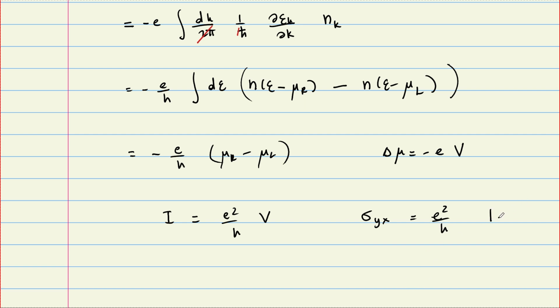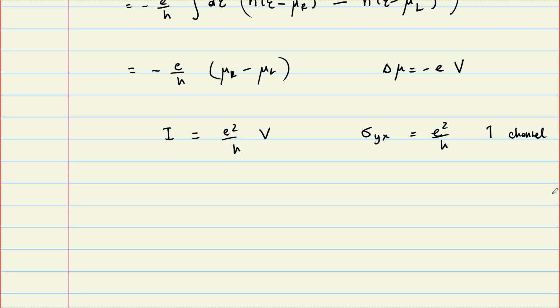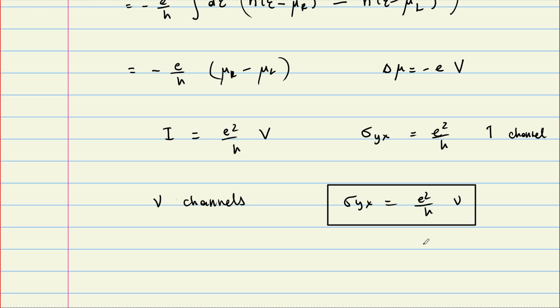So this is one channel. And if we have nu channels, this sigma yx is going to be E squared over h times nu. Right. So let me stop here.